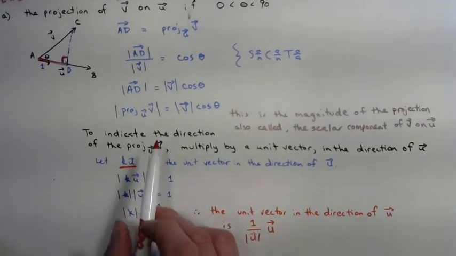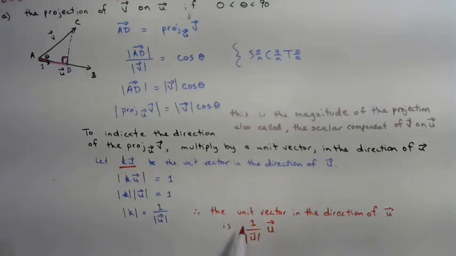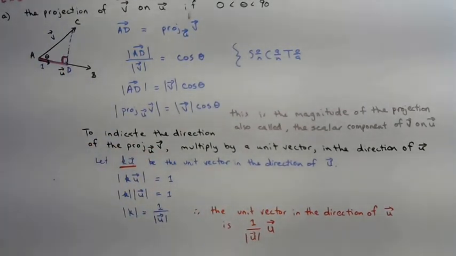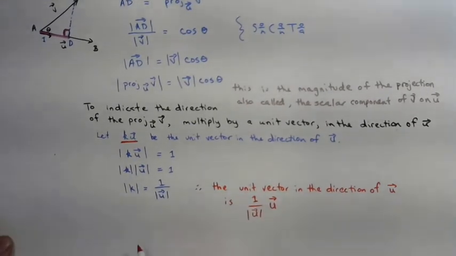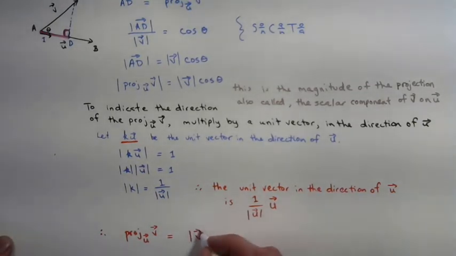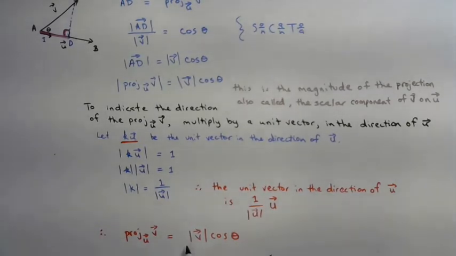Now we have the magnitude and direction of the projection vector V onto U. So let's finish this up. Therefore, the projection of vector V onto vector U is equal to the magnitude of vector V cosine of theta. This gives us our magnitude.